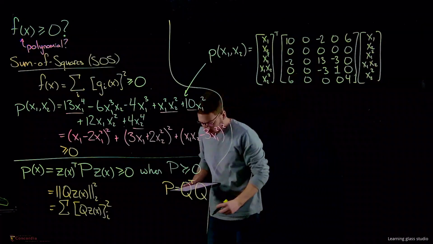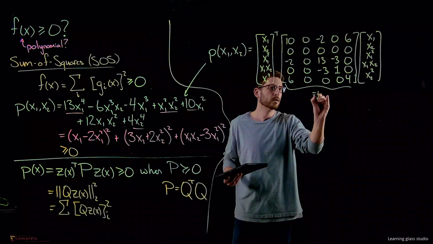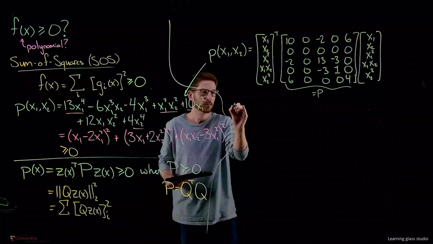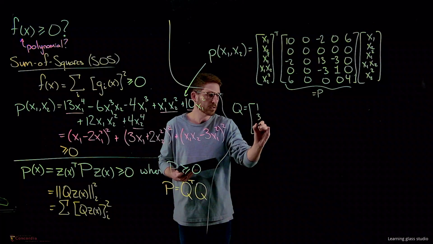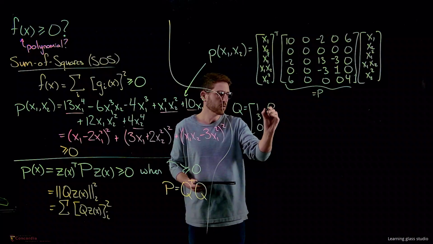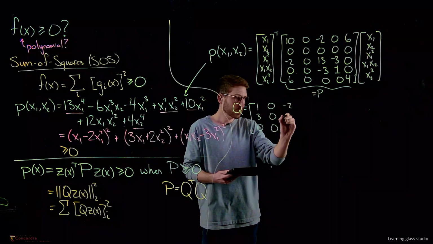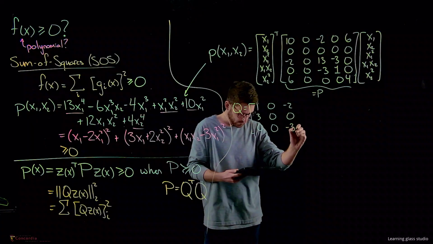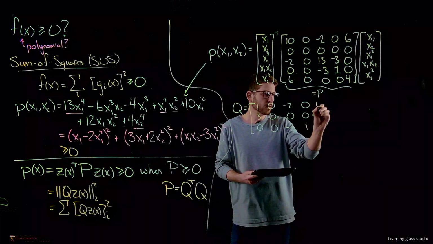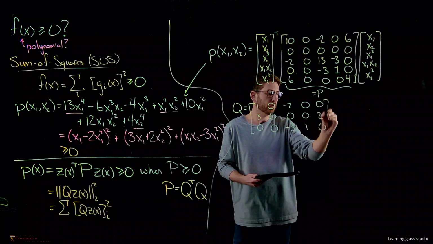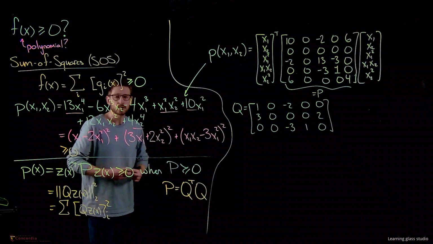And in fact, you can check if this thing is equal to P, then my Q is equal to 1, 3, 0, 0, 0, 0, minus 2, 0, minus 3, 0, 0, 1, 0, 2, 0. And those numbers should look very familiar to you.